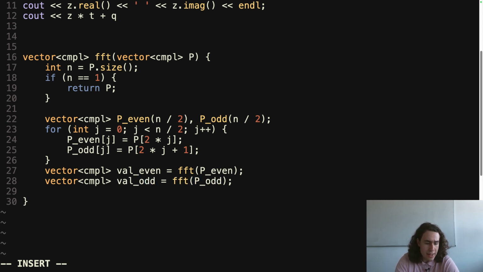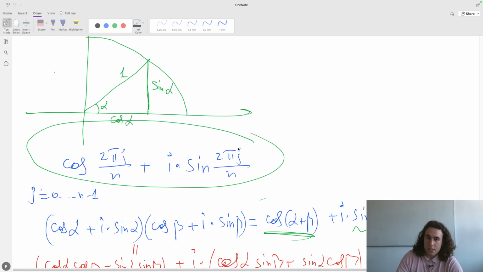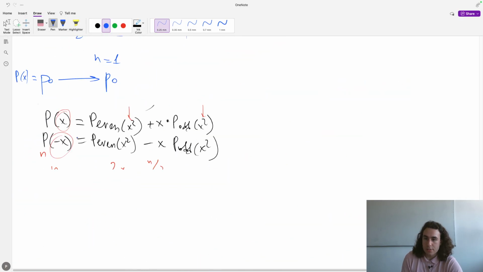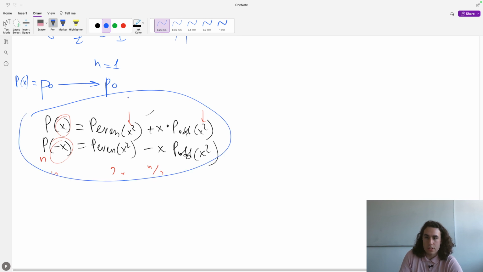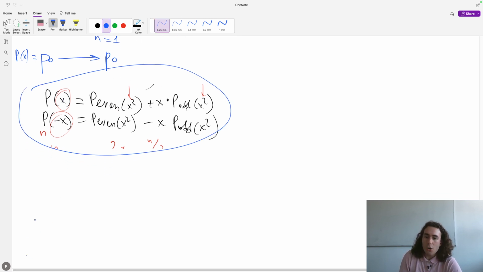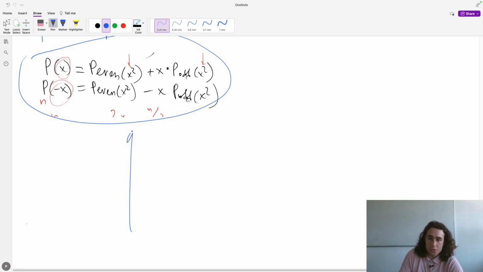And now I need to combine them into the values of p. Let's call it val p of n. So we have this formula here, and we can use it, right? Note how our roots look on a circle, right?